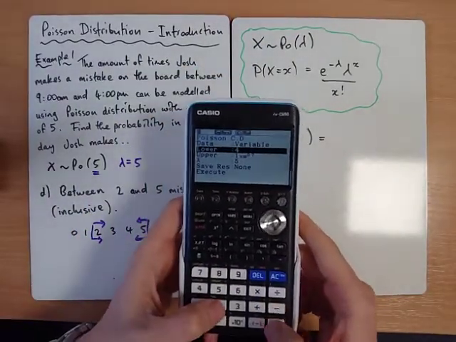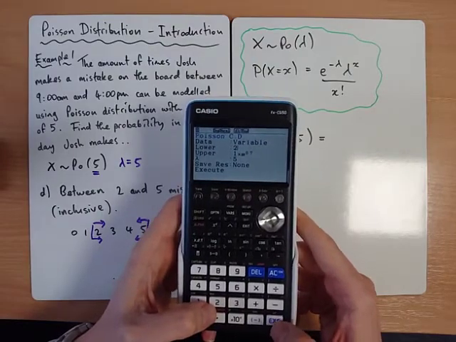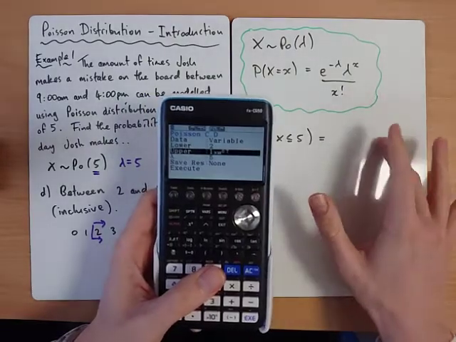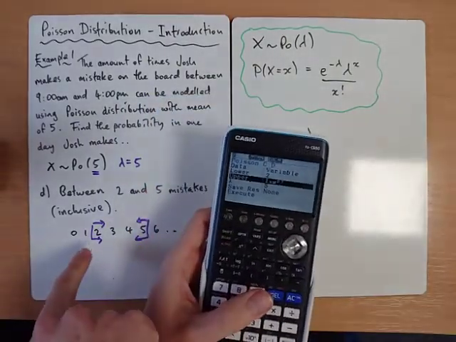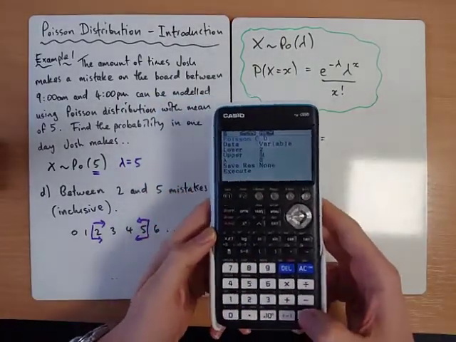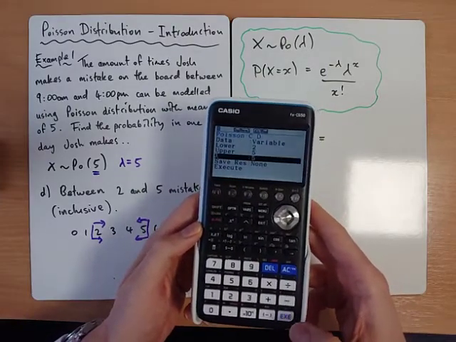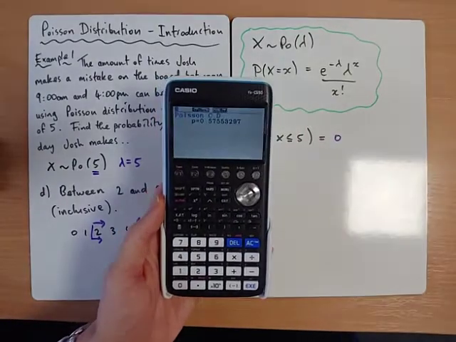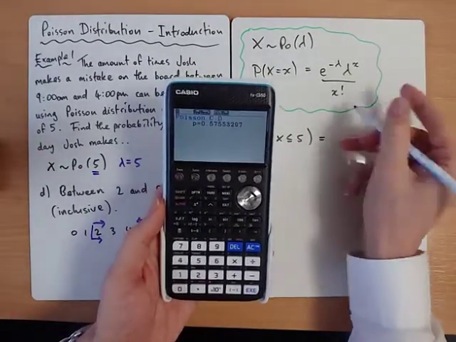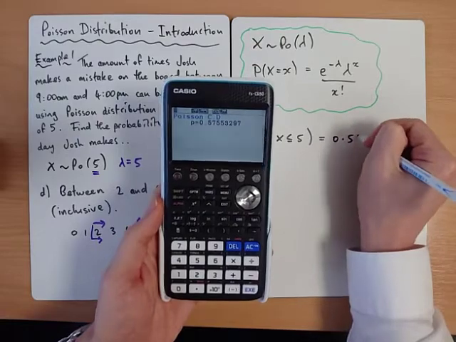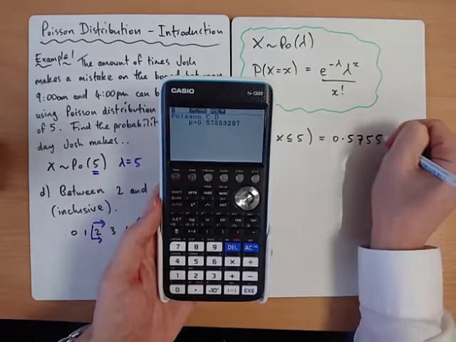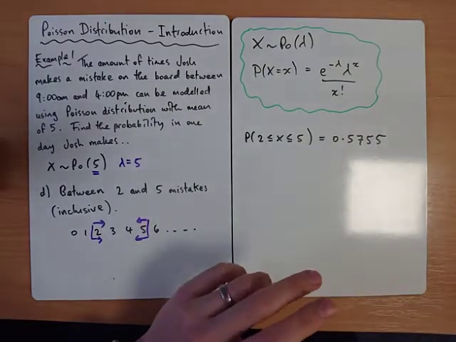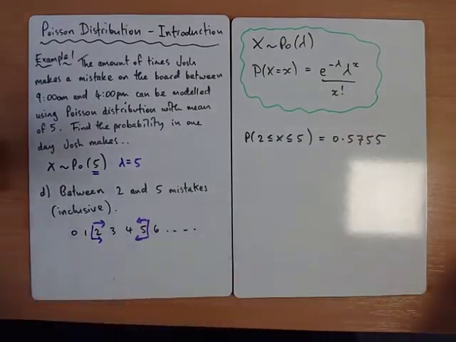But I'll show you the method in a second, because if you look at mark schemes, the method will look slightly different than just the number that we write down. So our lower value would be 2, our upper would be 5, because we want between 2 and 5. And if you press that, it will literally just spit the answer out. Oops, so it'd be 0.5755. But again, because this is potentially a 3-mark or 2-mark question, we've not shown any method for that.